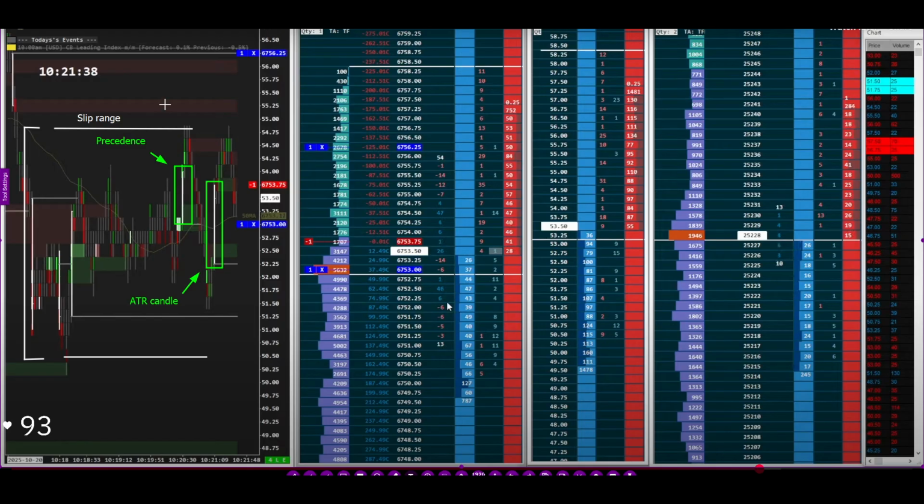Good slip range, good precedence. Any observation there's going to make about the orders here? Not really. There's not a whole lot going on here.